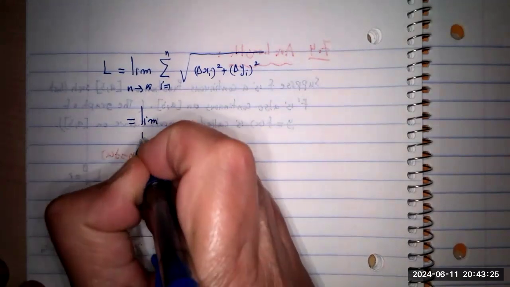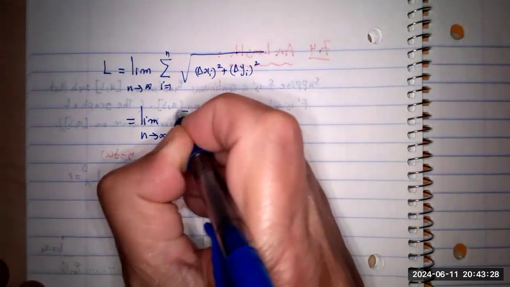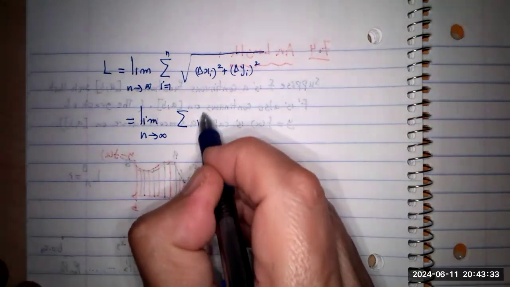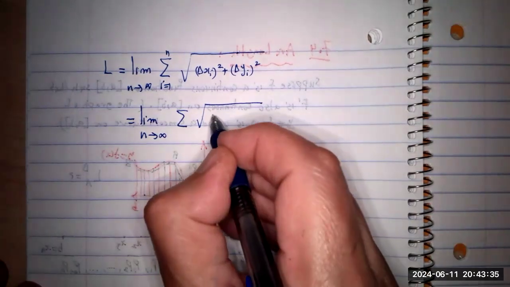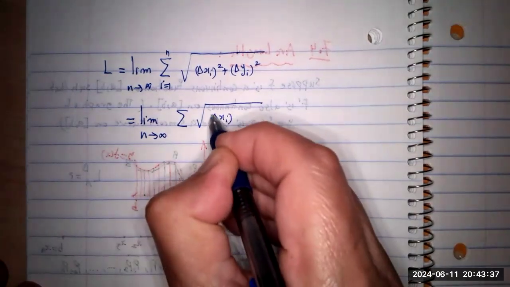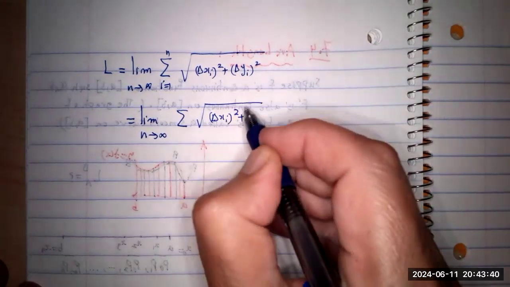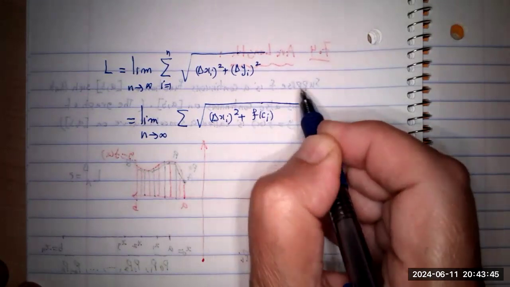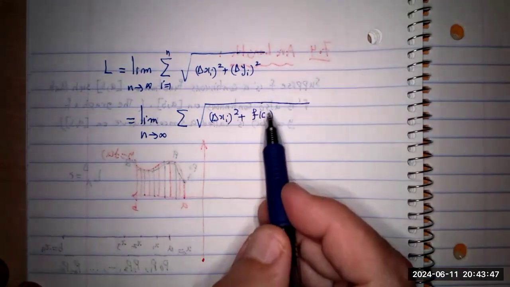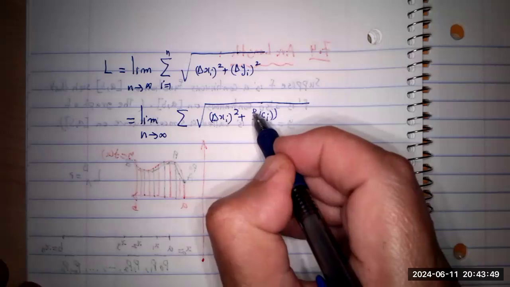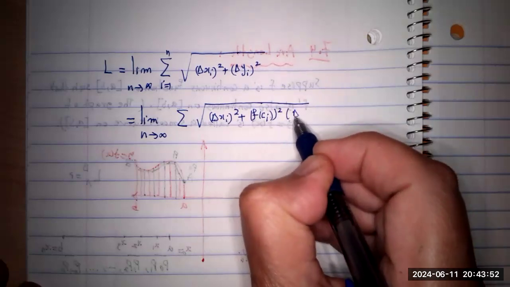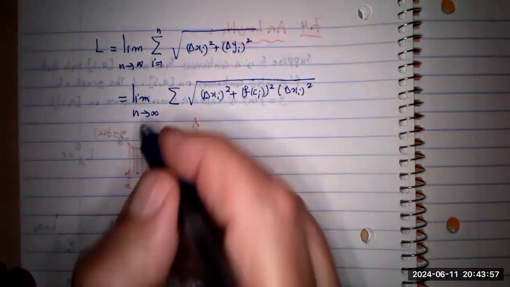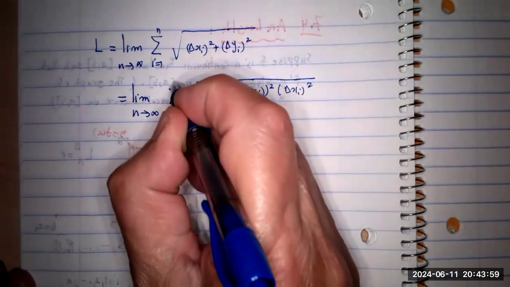So it's the limit as n goes to infinity of the sigma, and I have the square root of delta xi squared as is, plus f prime of ci delta xi, so it's f prime of ci squared times delta xi squared, i from 1 to n.